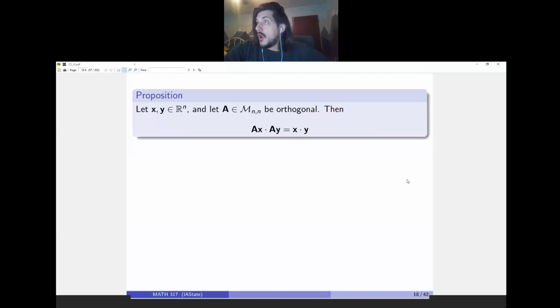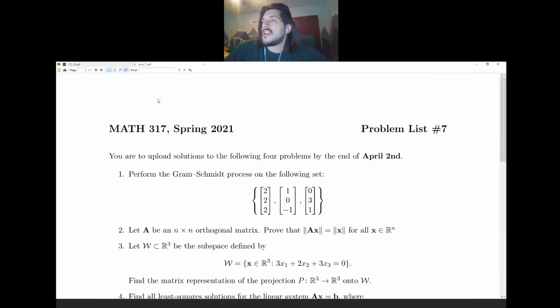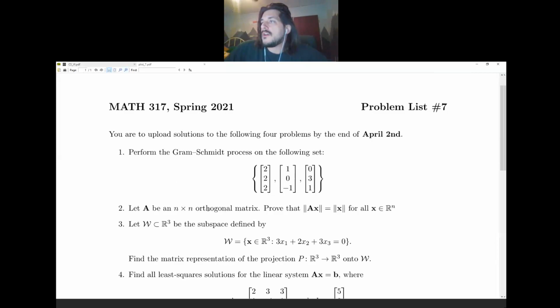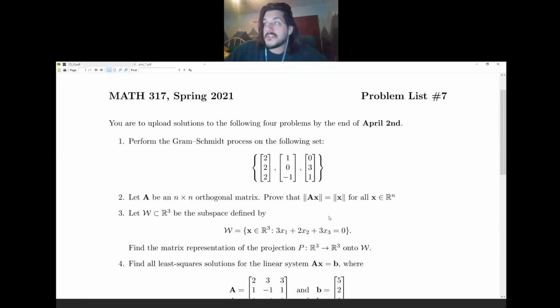Before we get there, one little pit stop to help you with a problem on your homework. Problem number 7 asks you to prove that if you have an orthogonal matrix A, then A times X and X will always have the same length regardless of the X you choose.